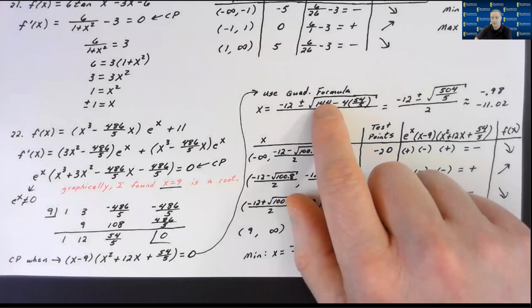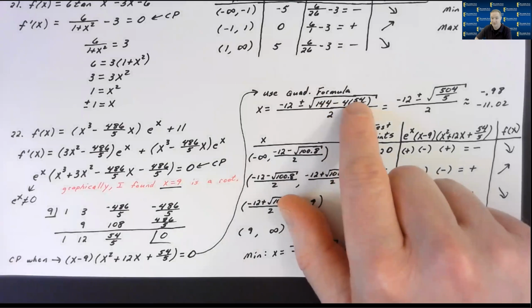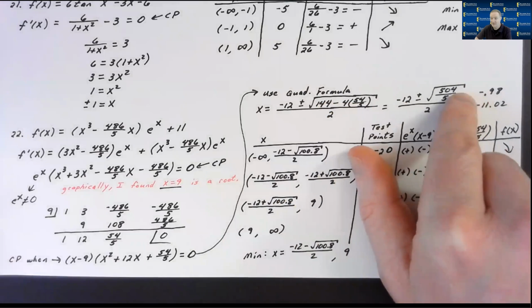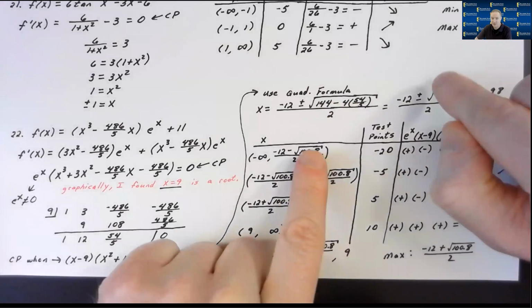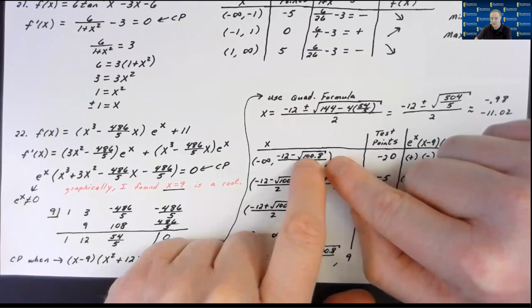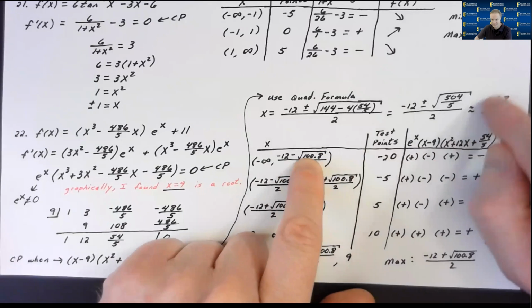I took the 144 minus 4 times 54 over 5. I got the square root of 504 over 5, which I later just called the square root of 100.8, same thing.